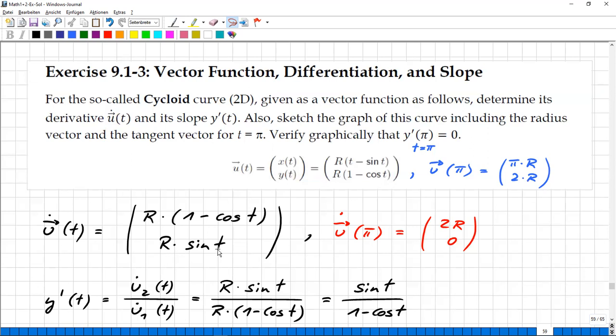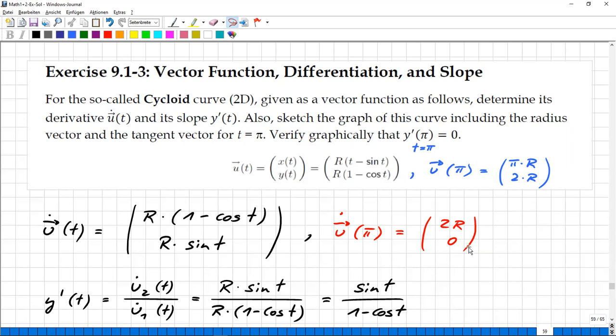That's quite easy. And now we can insert t equals pi, and we get r times 1 minus, again, cosine of pi, equals -1, of course. So we get 2 times r this time for the x component, while the y component gets 0. Sine of pi, as you know, is right in the middle of the sine curve where it reaches 0 again.